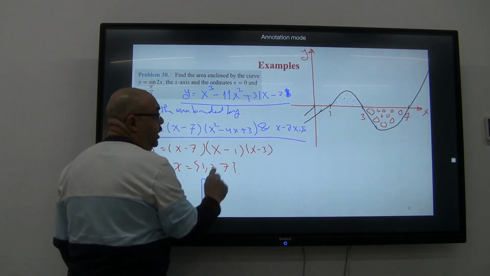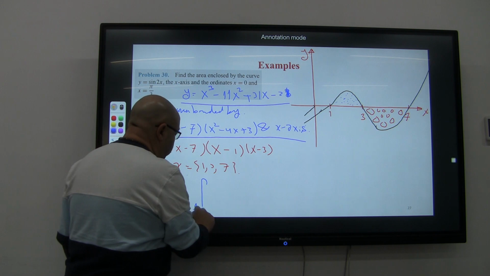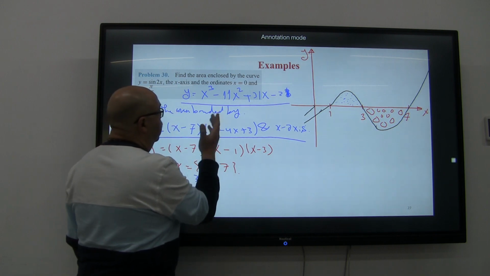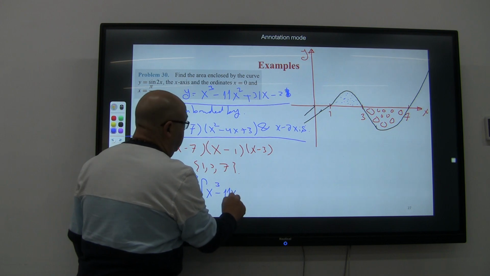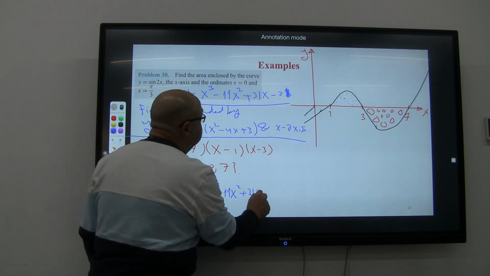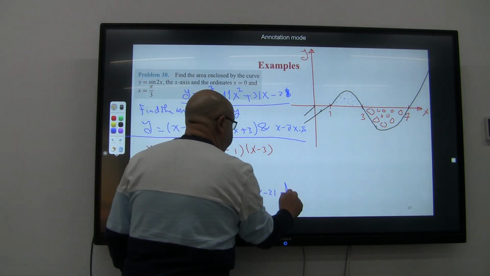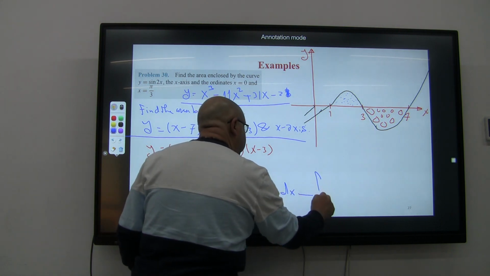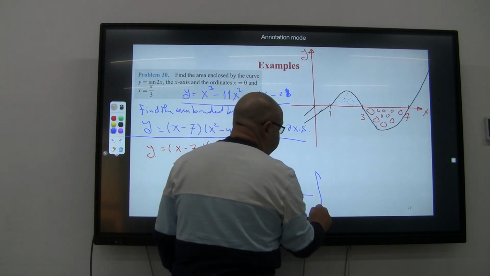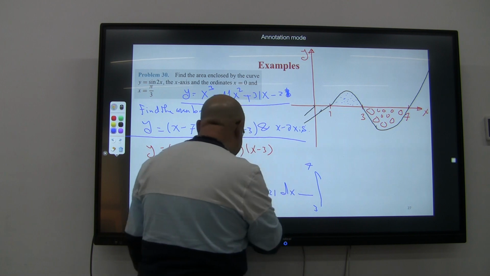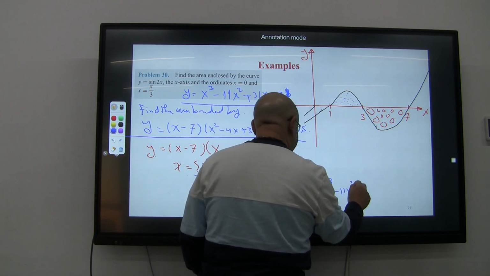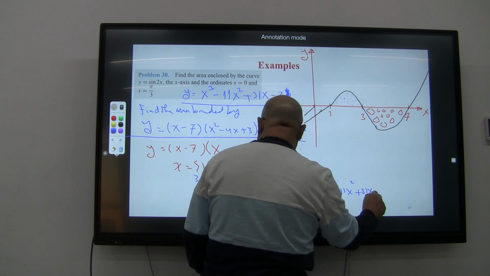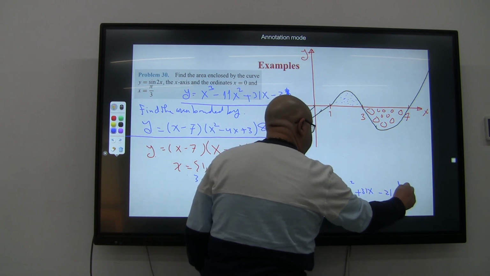So I will integrate first from 1 to 3 for the function, which is simply x cubed minus 11x squared plus 31x minus 21 dx, then minus the integration from 3 up to 7 for the same function, x cubed minus 11x squared plus 31x minus 21 dx.